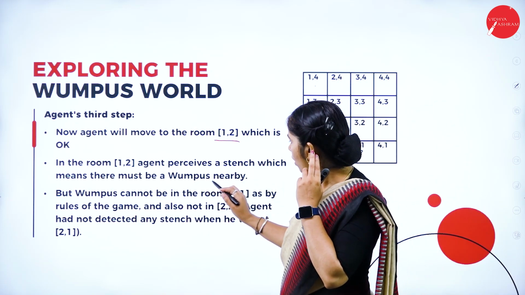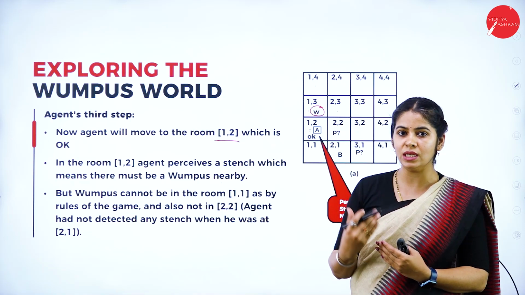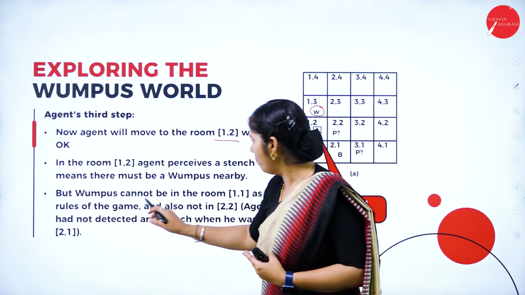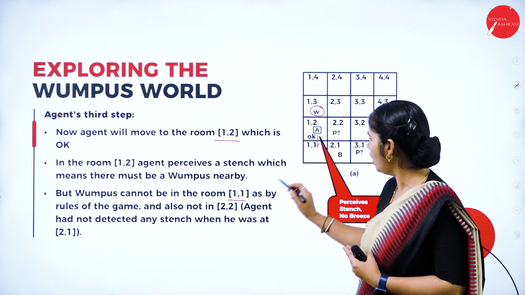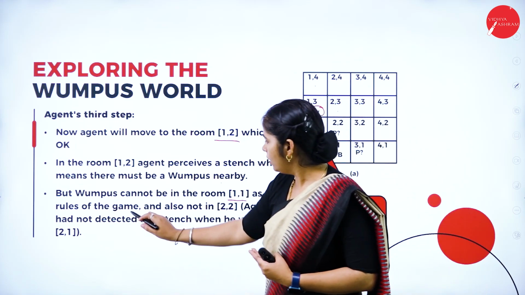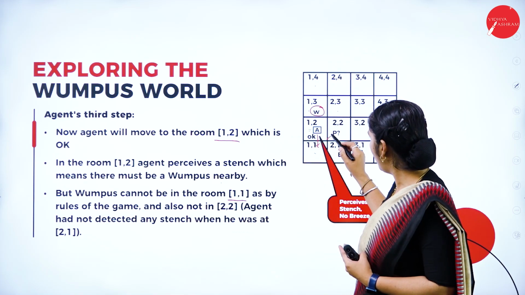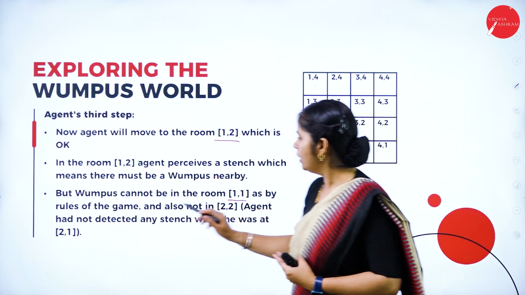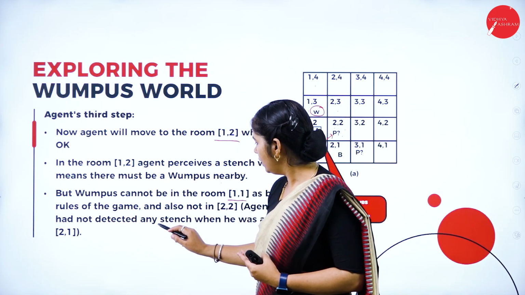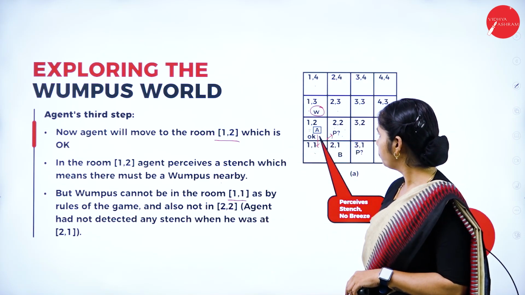So what will he do? Near the wumpus, he assumes that there is a wumpus in a nearby cell. But the wumpus cannot be in room 1,1, so he'll again come back to 1,1. And also not in 2,2. Then he tries to visit one more cell nearby, that is 2,2. The agent did not detect any stench when he was at 2,1.